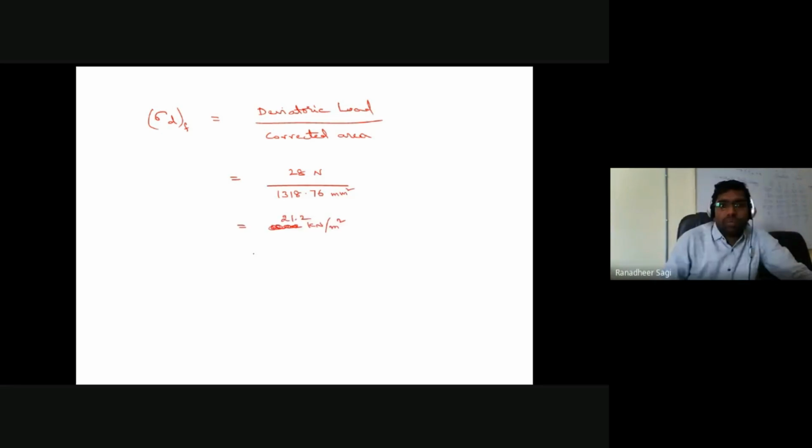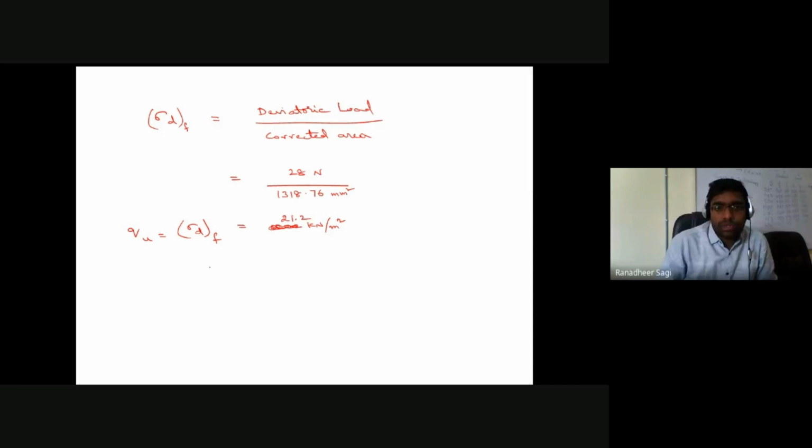So 21.2 kilonewton per meter square is going to be the deviatoric stress at the failure, and this deviatoric stress at the failure itself is what we consider as the unconfined compressive strength of the soil sample, that is QU.